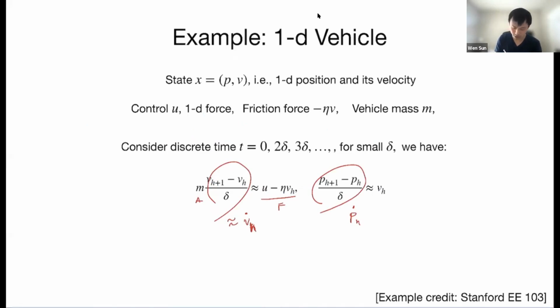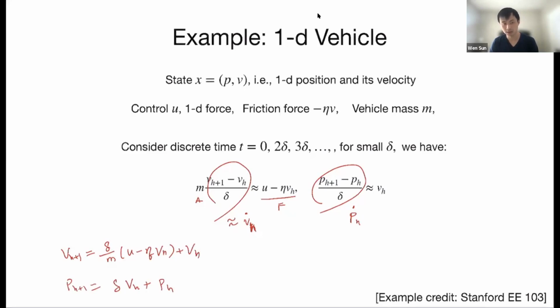Right, and we can rearrange the terms. So now we have v_{h+1} equals delta over m times (u minus eta times v_h) plus v_h, and p_{h+1} equals delta times v_h plus p_h. As you can see now, the relationship between the state at time step h+1 and the state at time step h is linear.